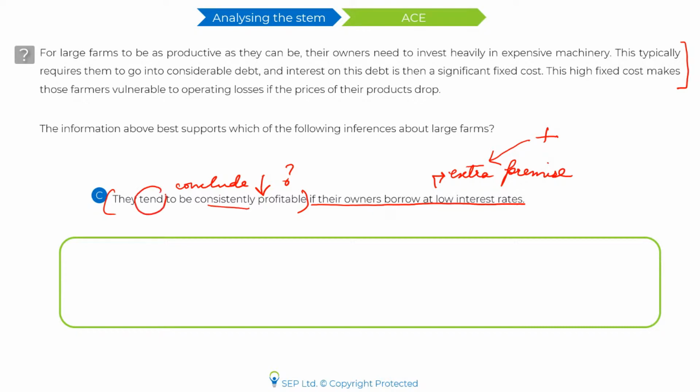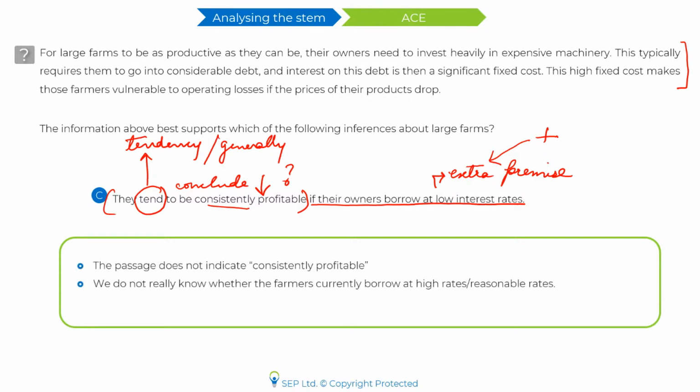Tend to be. Tend comes from tendency, and tendency means generally, typically. Can I say that if the farmers borrow at a low interest rate, they will generally become consistently profitable? Definitely not. The passage does not indicate consistently profitable.